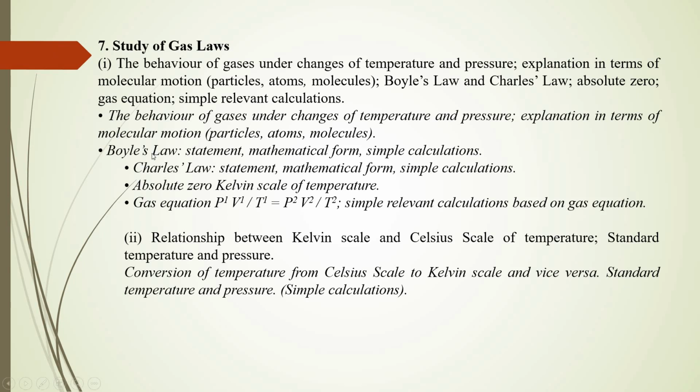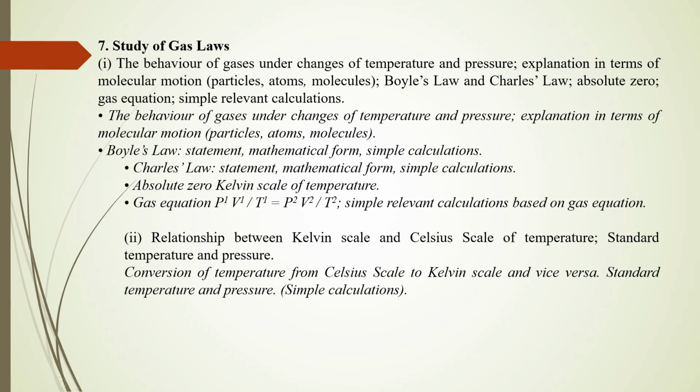Now in Boyle's law, you have to learn the statement of the law, its mathematical form, and simple calculations, which we have already covered. In Charles' law, you have to again learn the statement, its mathematical form, and simple calculations, which we have done, and we are going to revise it today also.